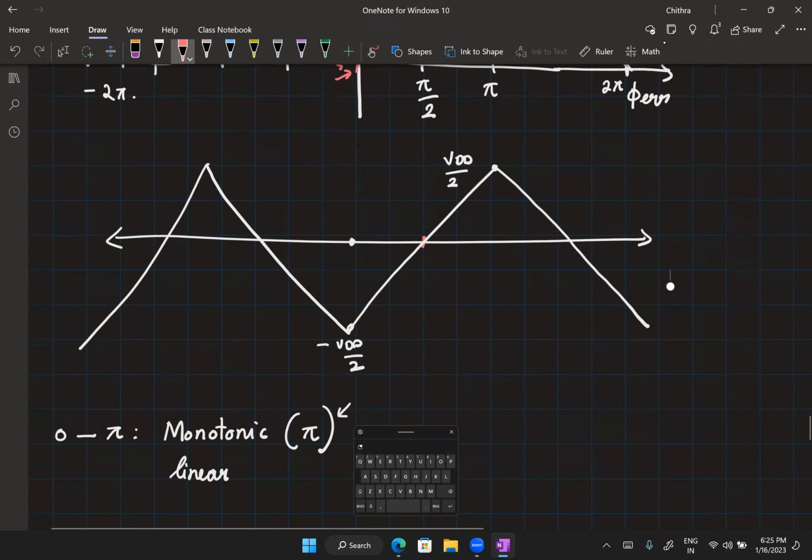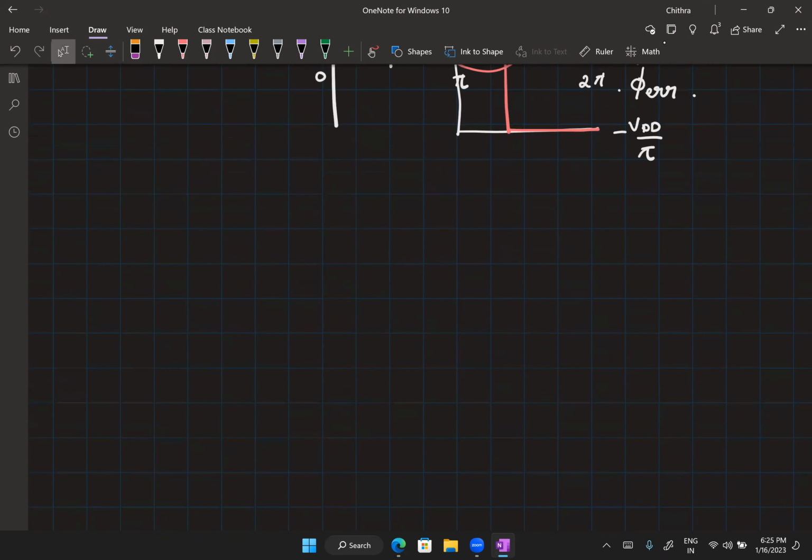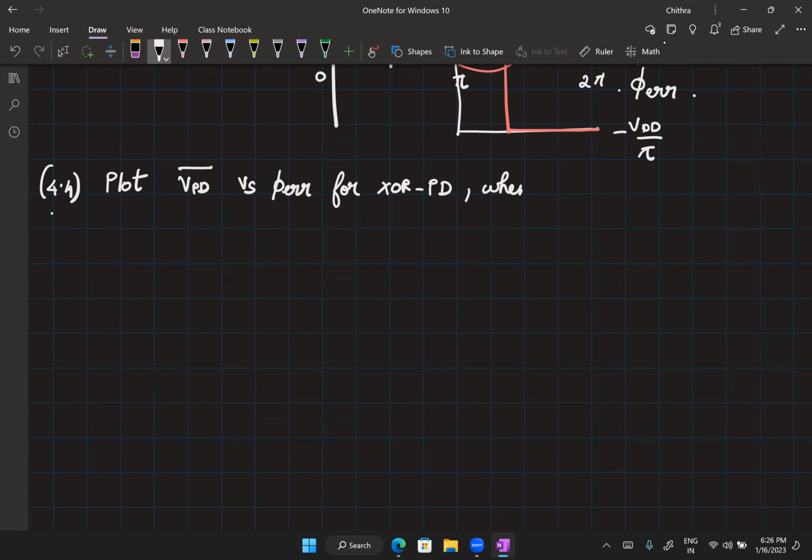All right. So again, I'll give you one quick question. You can do this as a homework. So plot VPD average versus phase error for XOR PD when the XOR supply is between minus VDD and plus VDD.